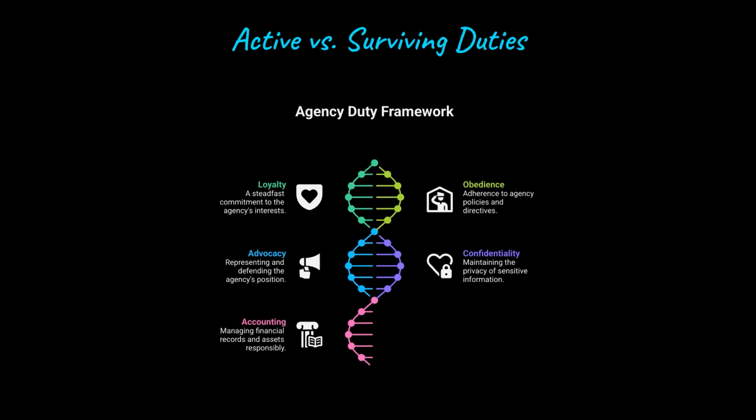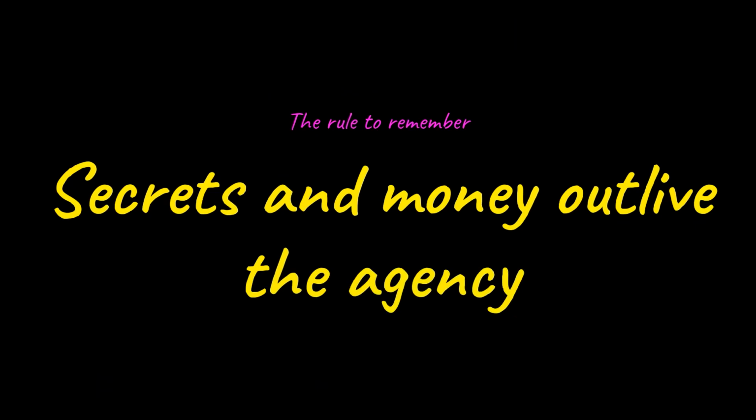Confidentiality and accounting protect things that remain sensitive and valuable long after the representation stops. When a question asks what a licensee still owes a former client, look for confidentiality and accounting. Those two carry forward. Everything else, loyalty, advocacy, obedience, ended the day the agency did.